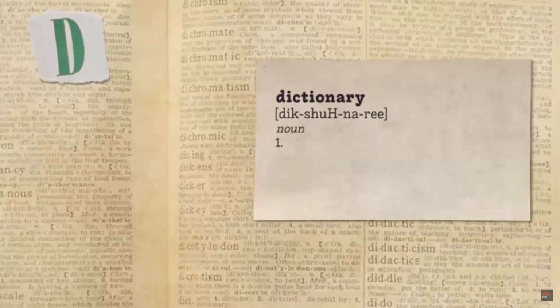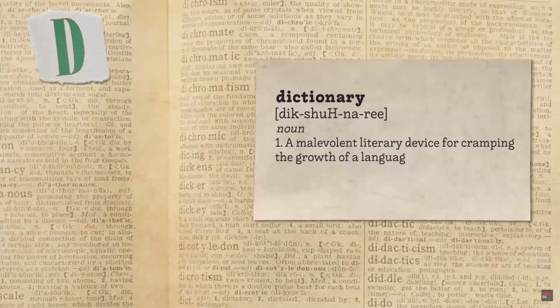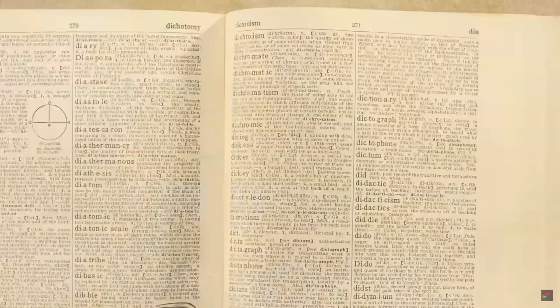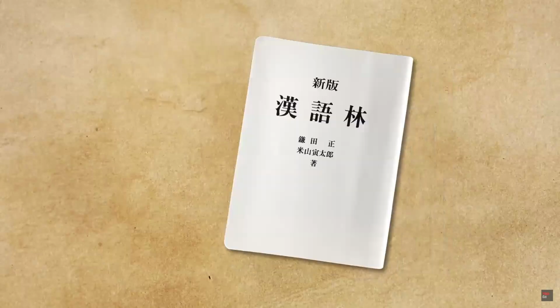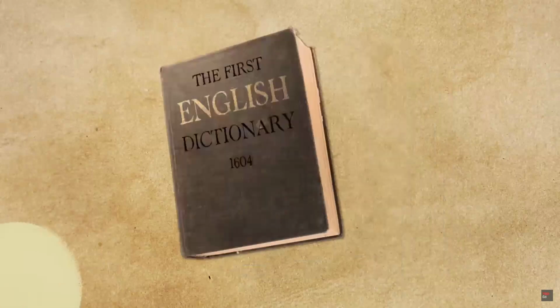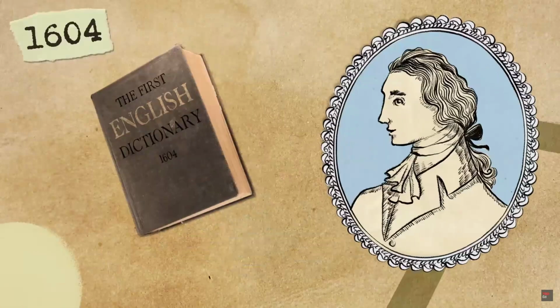Dictionary, noun, a malevolent literary device for cramping the growth of a language and making it hard and inelastic. Lexicographer, noun, a writer of dictionaries, a harmless drudge. While the concept of a dictionary dates back to ancient civilizations, the first English dictionary was published by Robert Cowdrey in 1604.